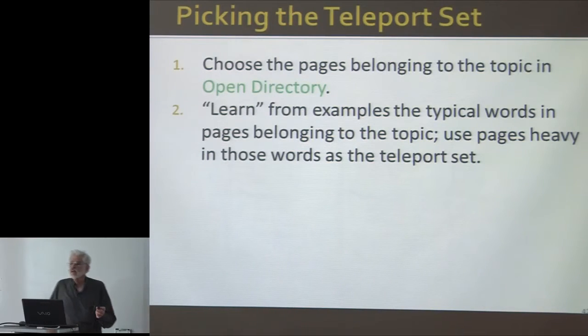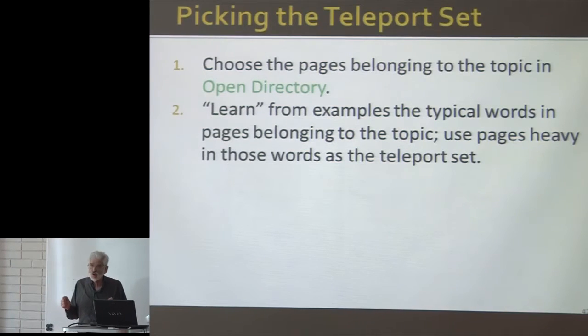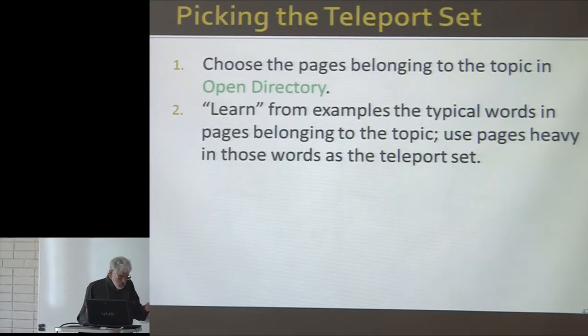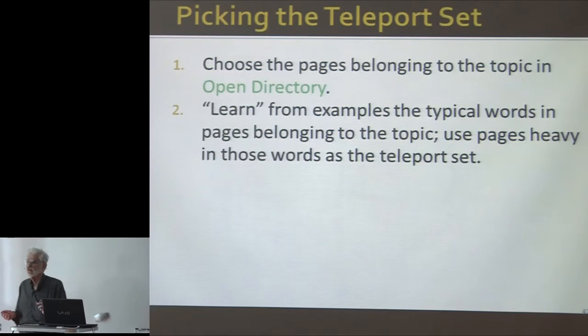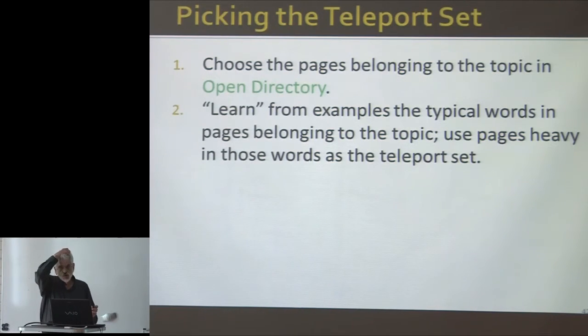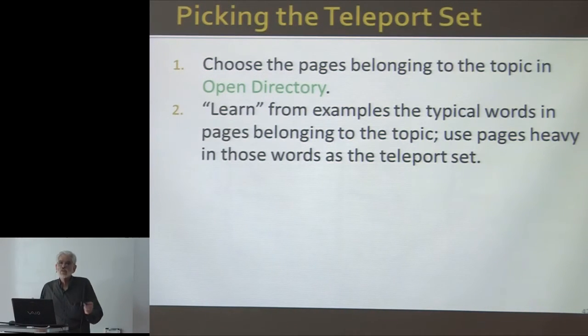The sports pages are going to use certain words like kick or what that appear much more frequently in those pages than in a random page. And so then you learn the words that the topic is about. And now you can look at any page on the web and decide whether it's a sports page by how frequently the sports words appear on it. Okay, so doing that you can get a reasonable teleport set.